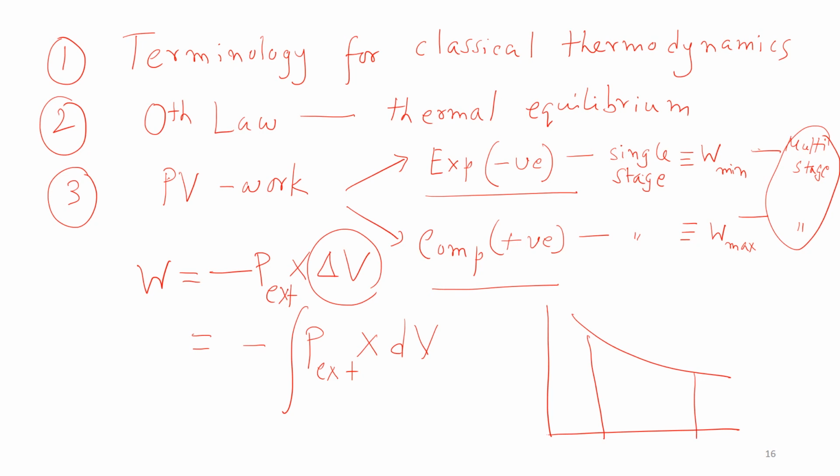In this particular case, we took the example of an ideal gas. So we asserted that at every infinitely small step, the pressure of the system is getting adjusted to the external pressure, because in this case the external pressure is changing by an infinitesimally small amount, so that the system pressure is also adjusting to it during the expansion as well as during the compression.